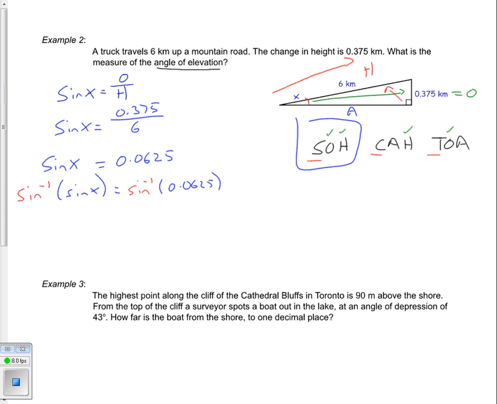And so x is going to equal that, because sine inverse and sine cancel each other out. If I plug sine inverse 0.0625 into my calculator, I get approximately 3.6 degrees. So my angle of elevation is approximately 3.6 degrees.